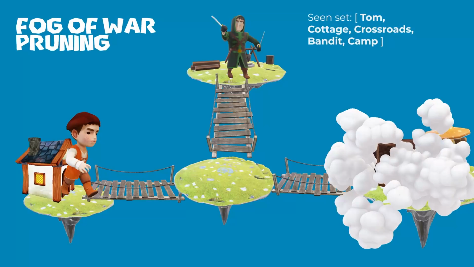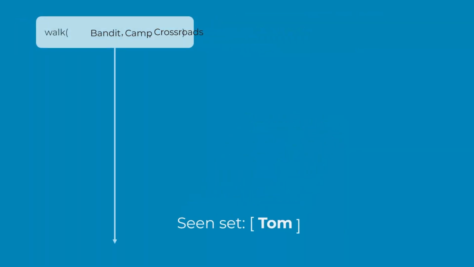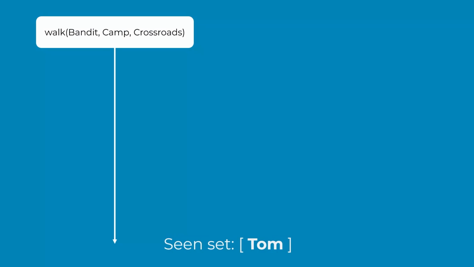Now let's take an example in which fog-of-war will prune a plan. Let's take another plan, and the initial scene set is Tom. Here, none of the entities in the first action is in the scene set. So this plan will be pruned by the algorithm and will not be further extended.